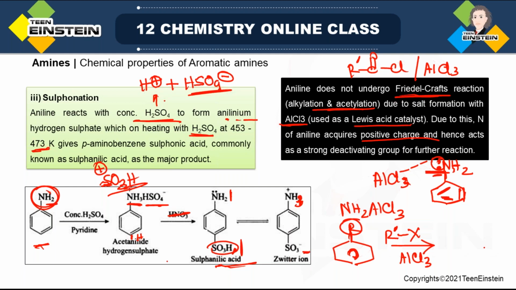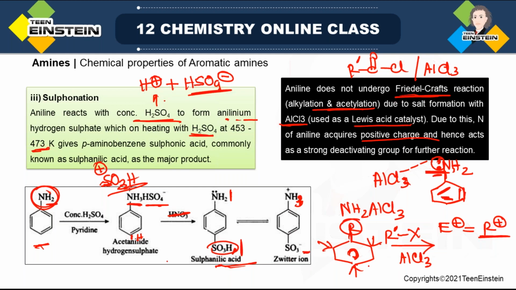Now, as it is ortho-para orienting, which electrophile will be generated from RX? The electrophile is basically the alkyl group, and when it is RCOCl, the electrophile is RCO plus. So this electrophile should ideally be inserted at any ortho or para position.